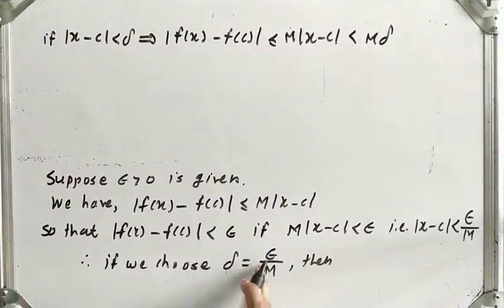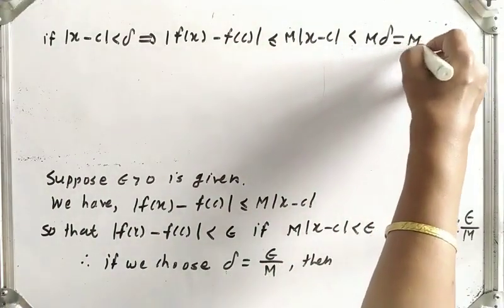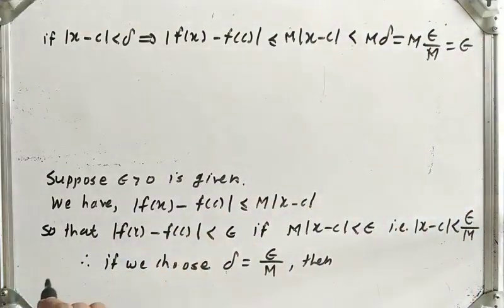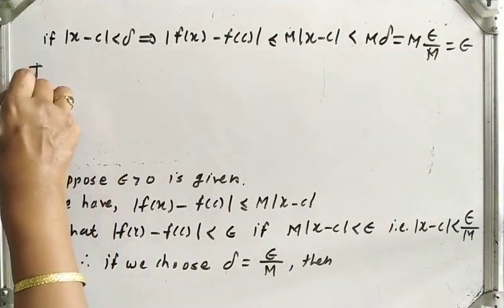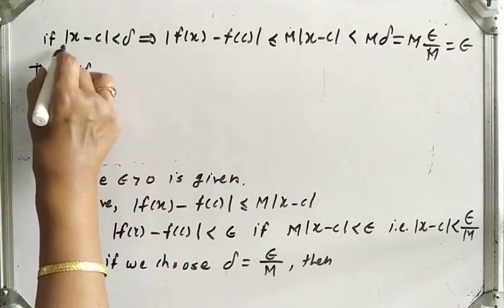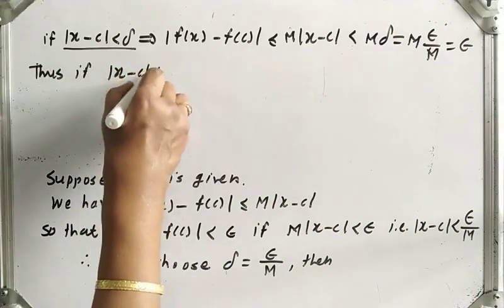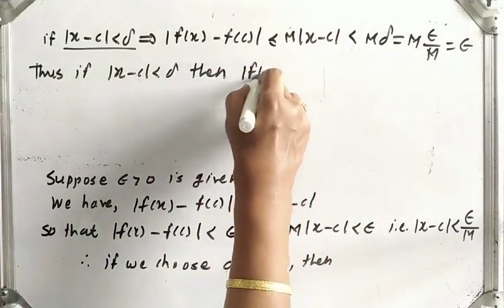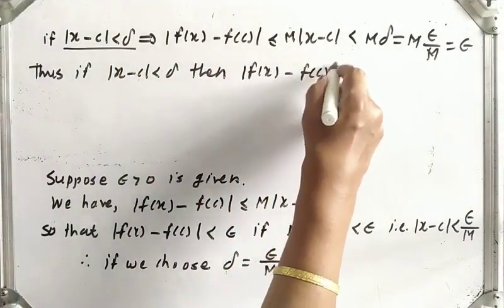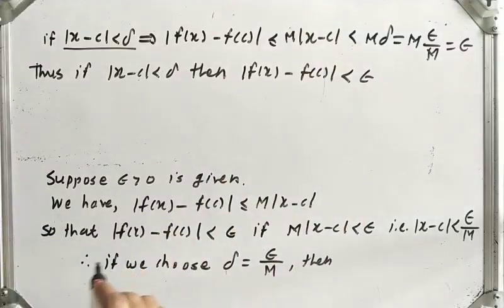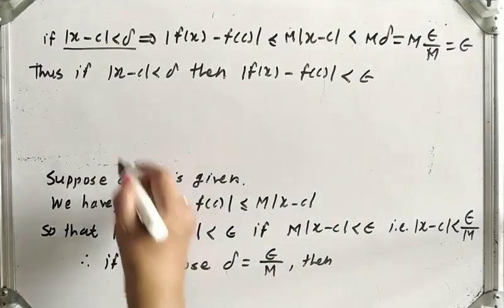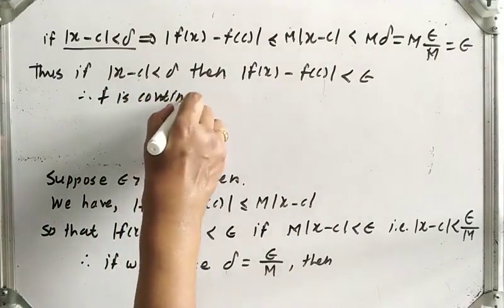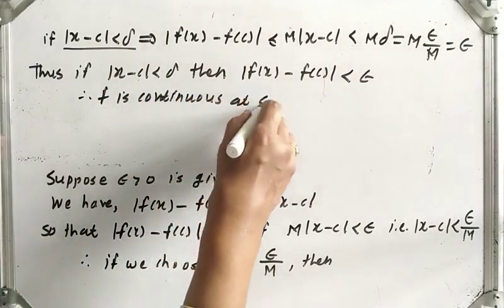We have taken epsilon upon m, so m into epsilon upon m, the m will get cancelled, which is equal to epsilon. Thus if mod of x minus c less than delta, then mod of f(x) minus f(c) less than epsilon. That is the definition of continuity. Therefore f is continuous at c.